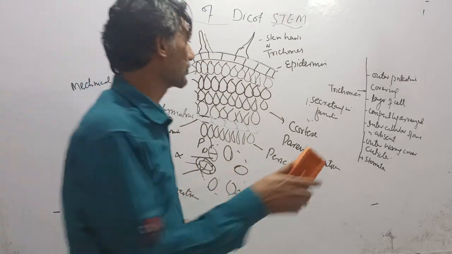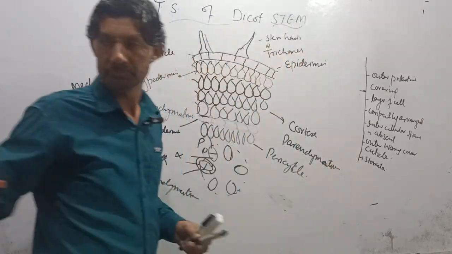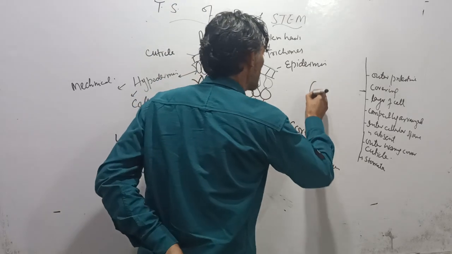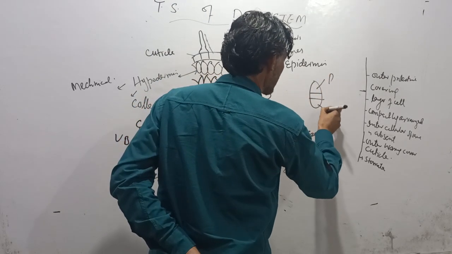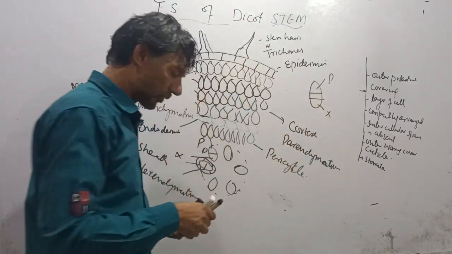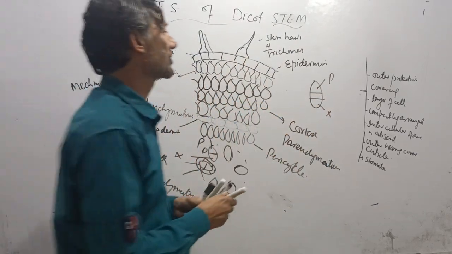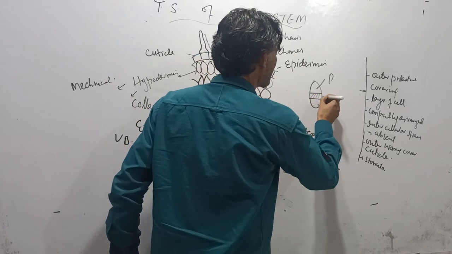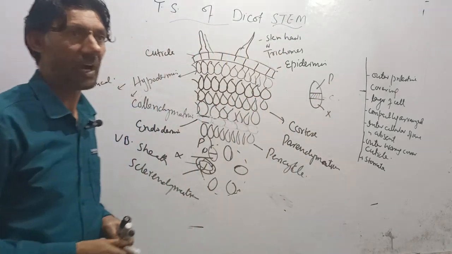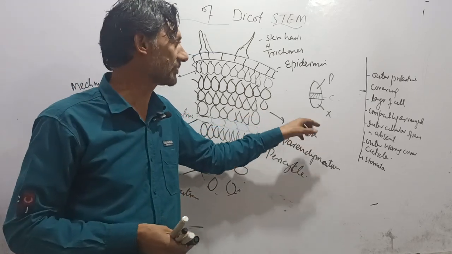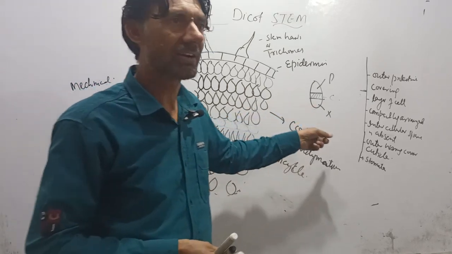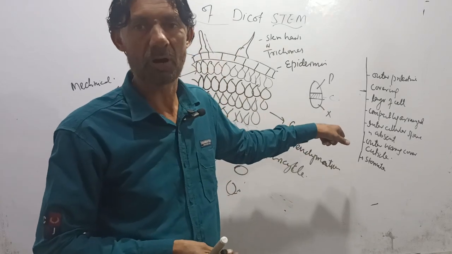In the vascular bundle, there is more phloem outside and more xylem on the inner side. Between xylem and phloem there is a meristematic tissue called cambium. Cambium is present only in dicots and absent in monocots.